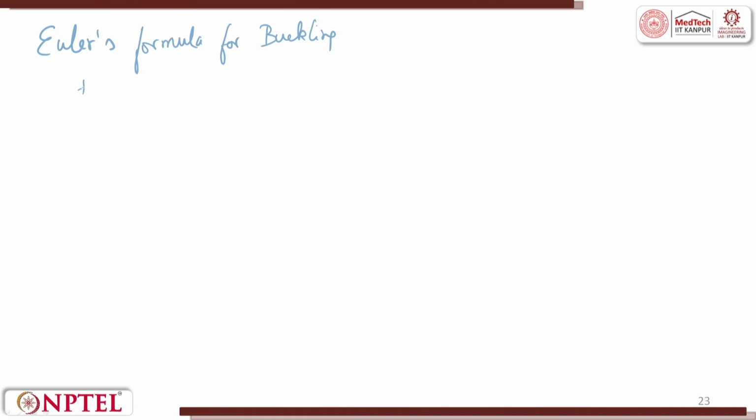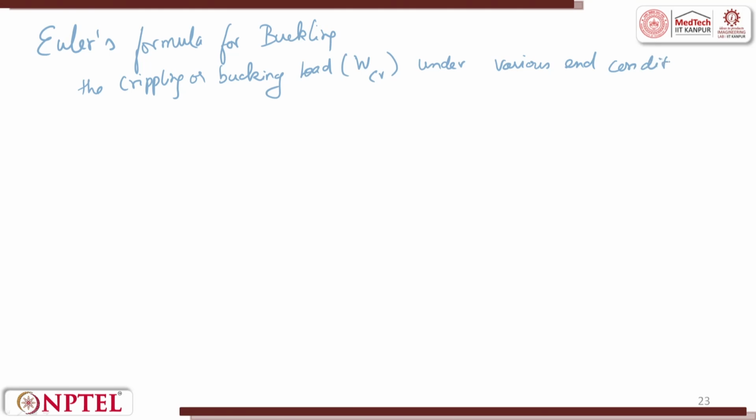The theory says the crippling or buckling load W critical under various end conditions is given by the following equation.